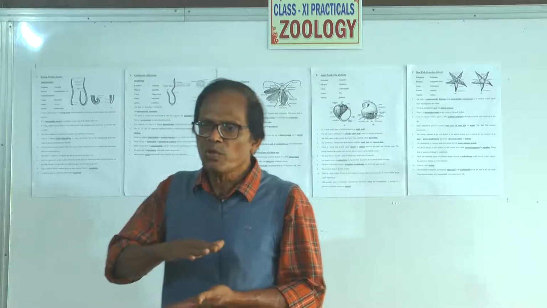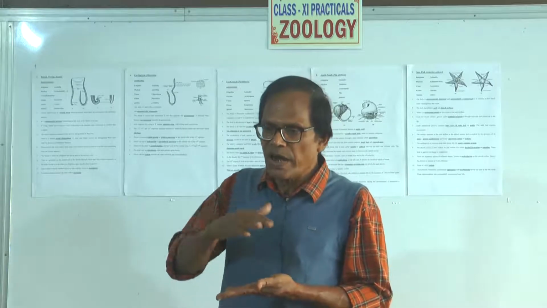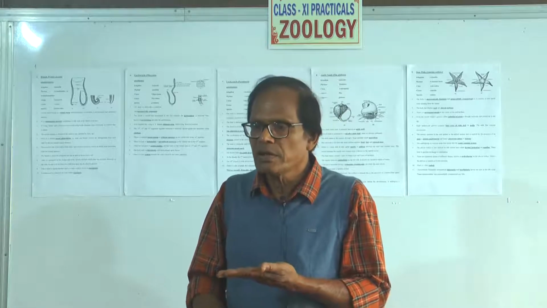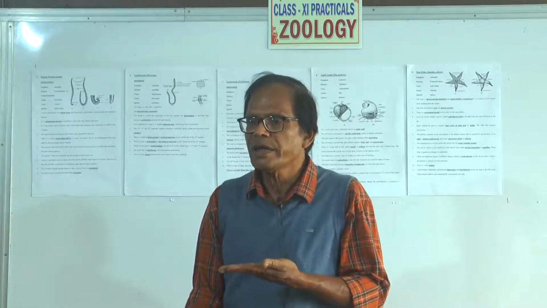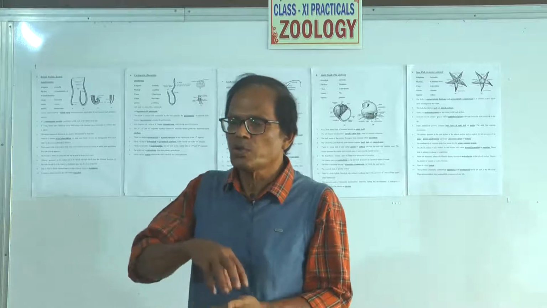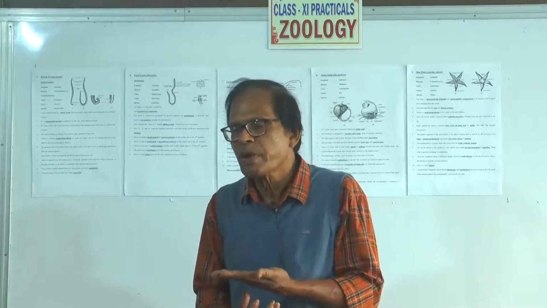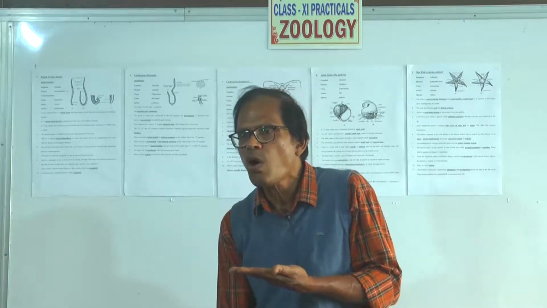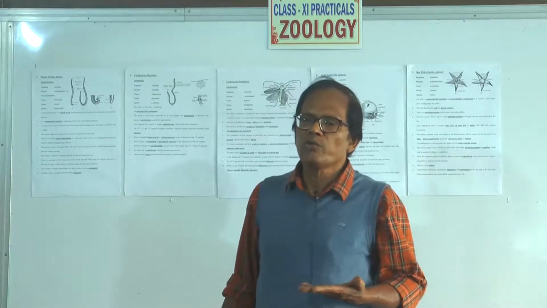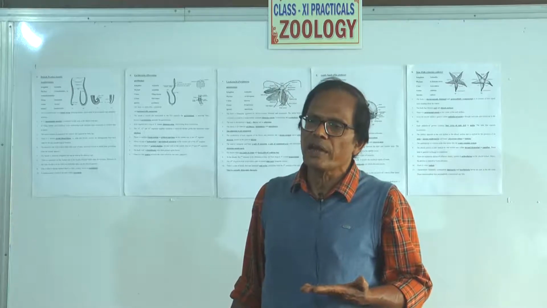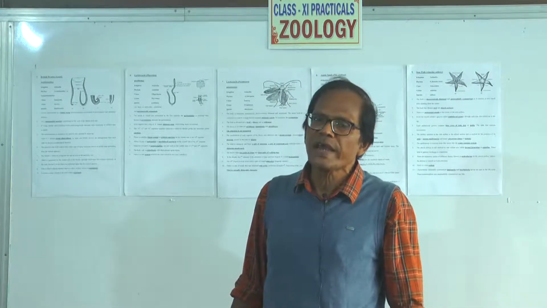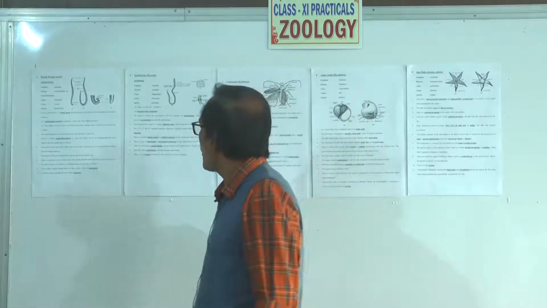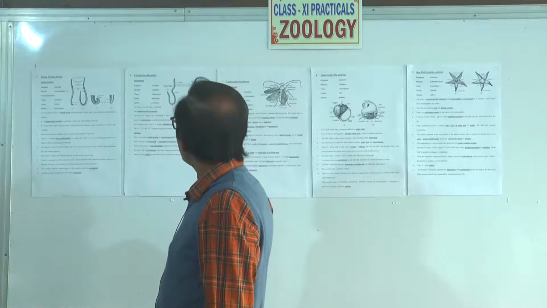That is, one segment is repeated one after another in a linear order, making the entire cylindrical worm. So this is one segment. The similar segment will be present behind. Another segment will be present in the third position and so on. It continues. It will give rise to an entire animal. So the body looks segmented, and this is a typical character of the phylum Annelida.